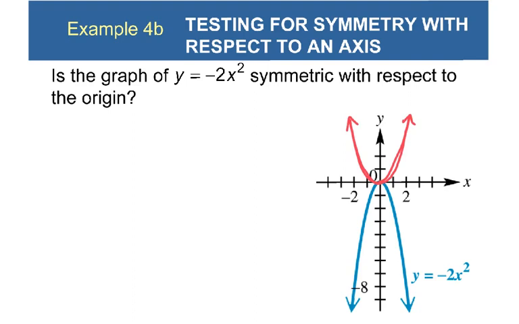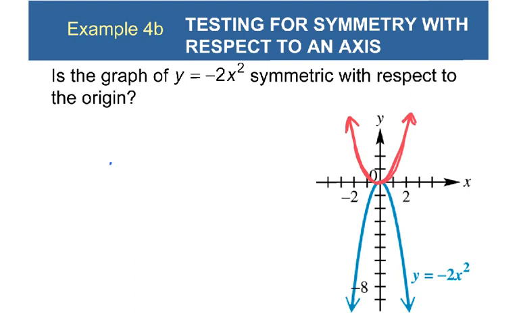And then if we reflect that graph that I just drew in red across the y-axis, it's still going to look like this, what's in red. So that is not the same as our original graph that's in blue down here. It's not the same. So this graph of y equals negative 2x squared is not symmetric with respect to the origin.